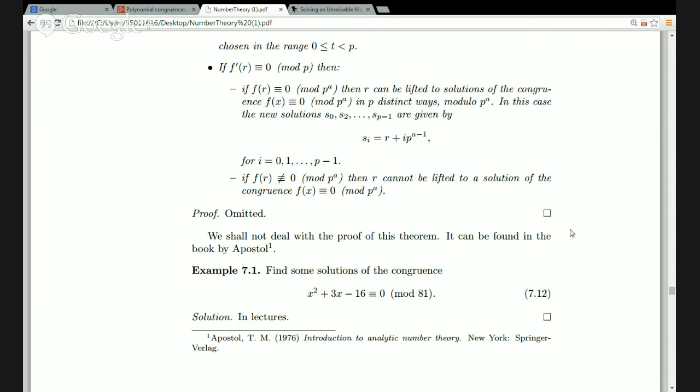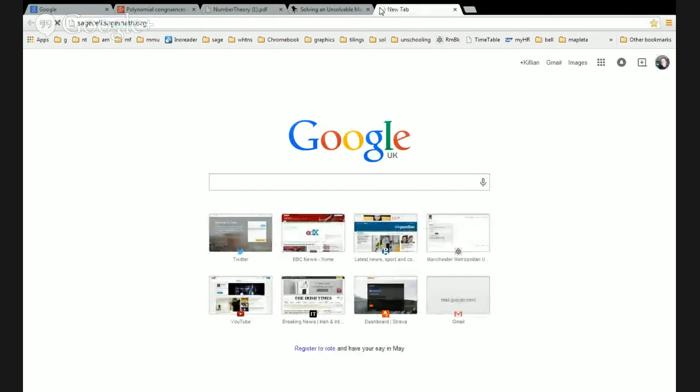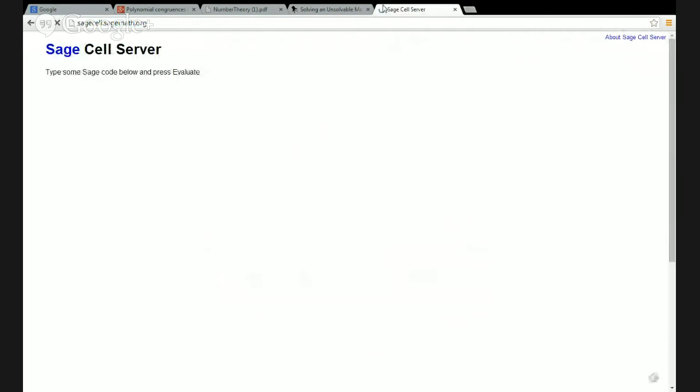Okay. So we should probably check that. So we should put 61 into there to check it. Use Wolfram Alpha or MATLAB or Sage or something.